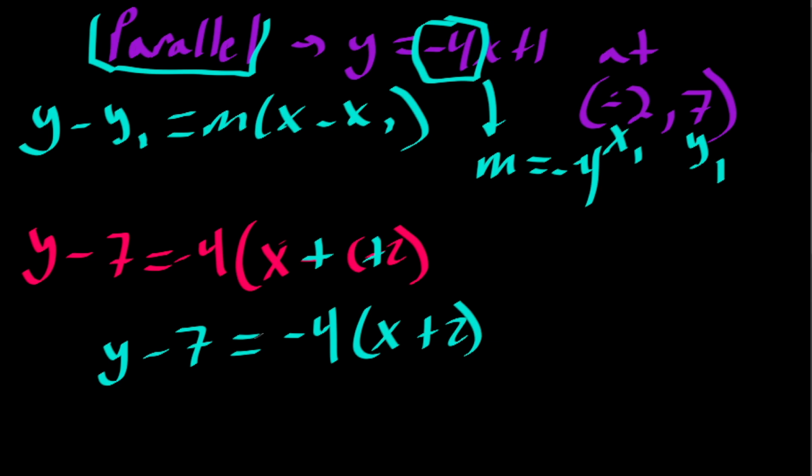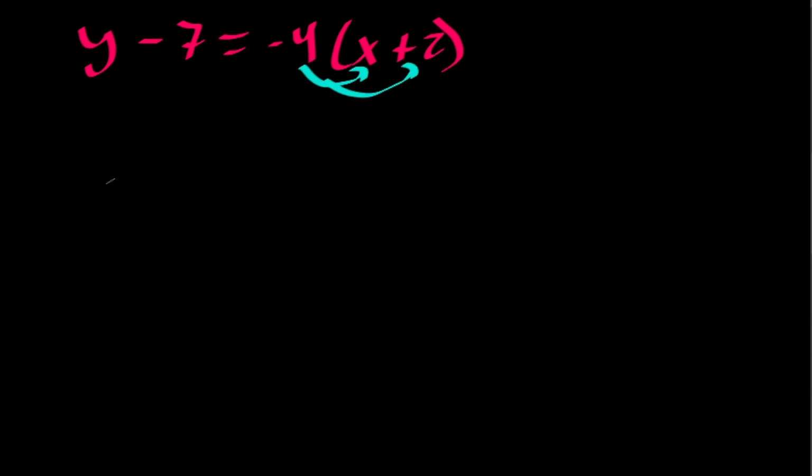Typically the question will say, make sure to write your answer in slope-intercept form. So let's do that. We have y minus 7 equals negative 4 times x plus 2. You can go about this a couple of ways, but I would start by distributing the negative 4.